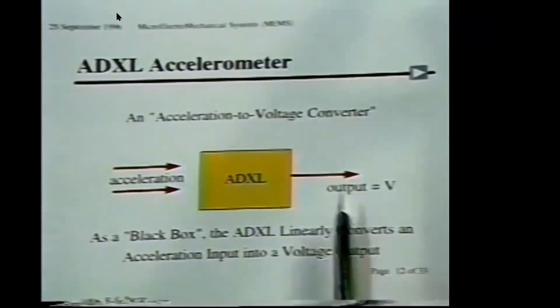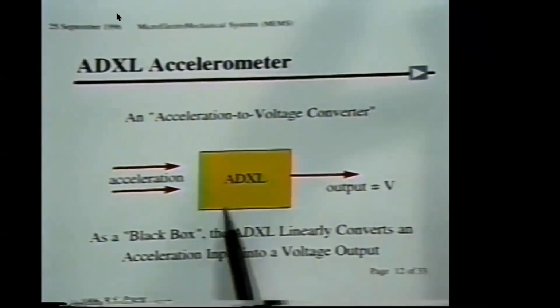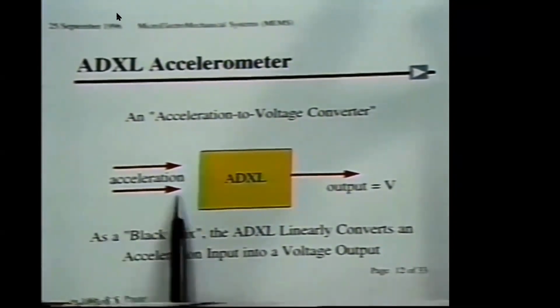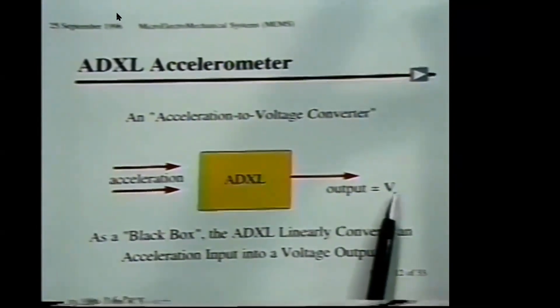So the very first system that we chose to implement was a very simple subset of that larger picture of MEMS that I showed. We like to refer to it as an acceleration to voltage converter. That is a system in which a monolithic chip transduces acceleration and outputs a simple voltage, which is proportional to acceleration, making it fairly simple for the user.